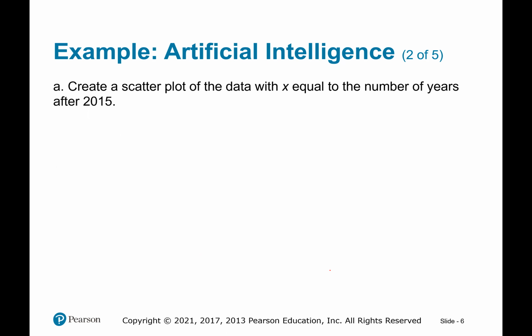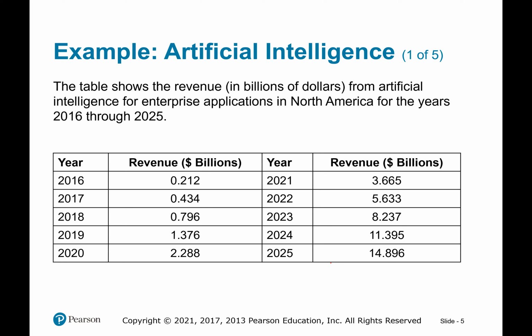Create a scatter plot of the data with X equal to the number of years after 2015. So first thing we're going to do is create a scatter plot of this. So let's put the data back up there. And you want to put in your first list the years after 2015.